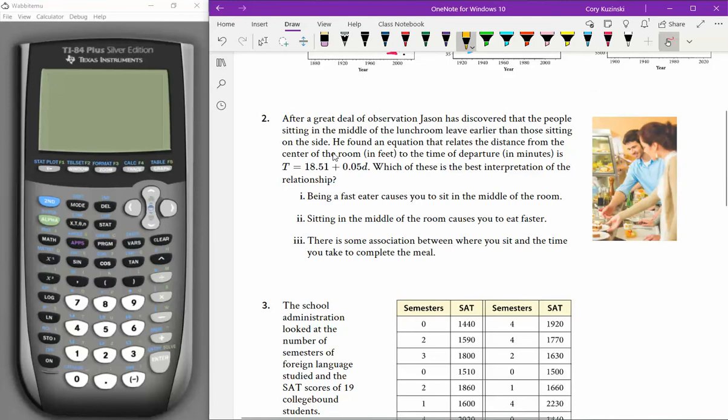After a great deal of observation, Jason has discovered that the people sitting in the middle of the lunchroom leave earlier than those sitting on the side. He found an equation that relates the distance from the center of the room in feet to the time of departure in minutes. Which of these is the best interpretation of the relationship?